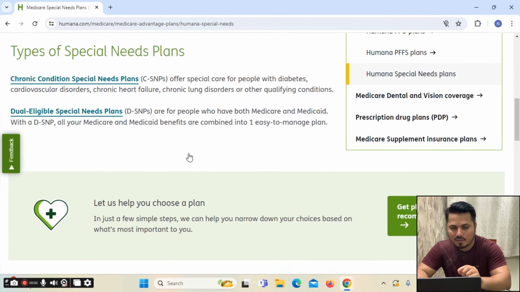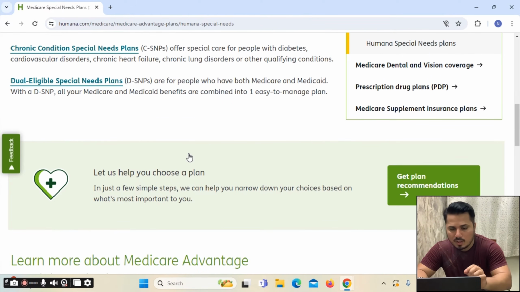Now, types of special needs plans. A chronic condition special needs plan offers special care for people with diabetes, cardiovascular disorder, chronic heart failure, chronic lung disorders, or other qualifying conditions. Dual eligible special needs plans are for people who have both Medicare and Medicaid.